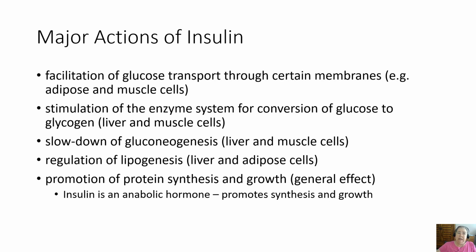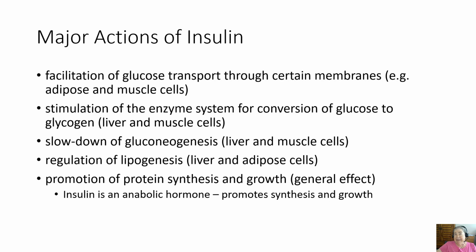In addition, insulin stimulates the enzymes that convert glucose, when glucose is high and insulin is being produced, into glycogen. Glycogen is a way the body stores glucose. It's essentially a polymer. It's similar to starch.